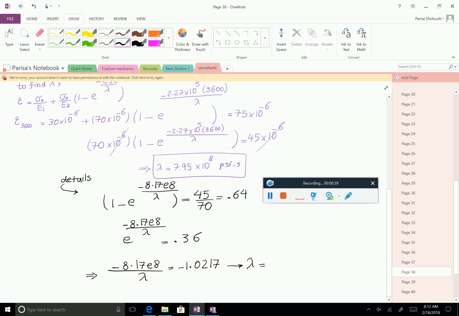lambda will be over 1.0217, which is the number that we had earlier.